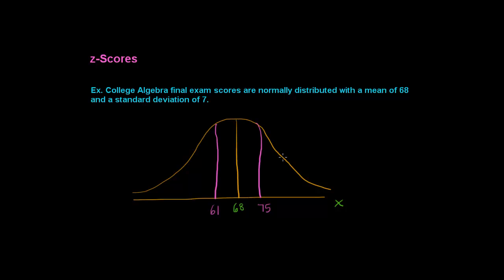We went out 2 standard deviations, we added another 7, we got to 82, and over here 2 standard deviations down by another 7, 54, and finally 3 standard deviations, add another 7, we were at 89, and down here subtract another 7, we were at 47.